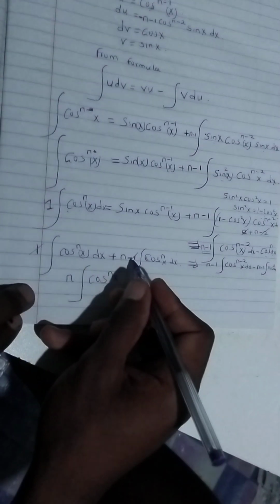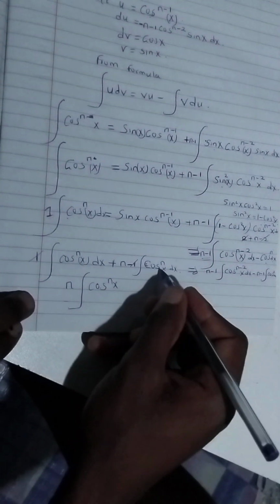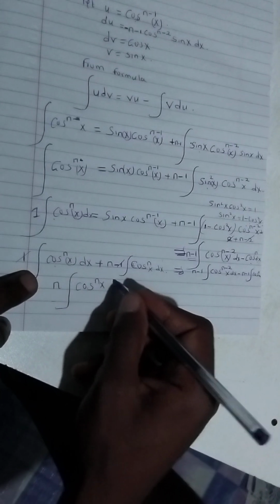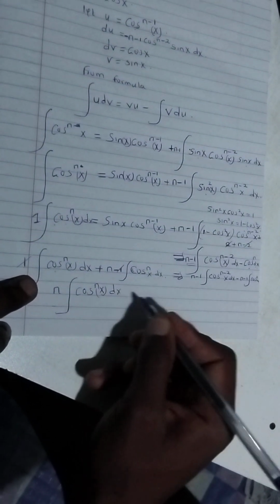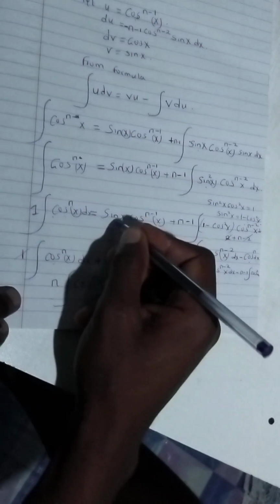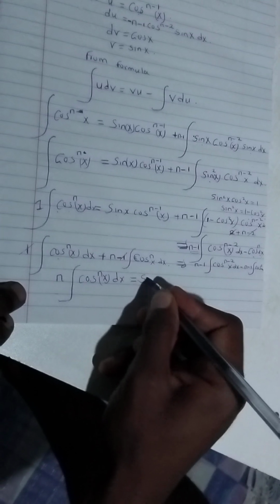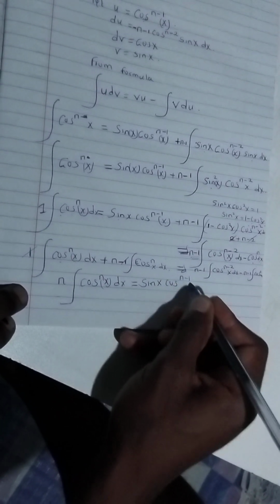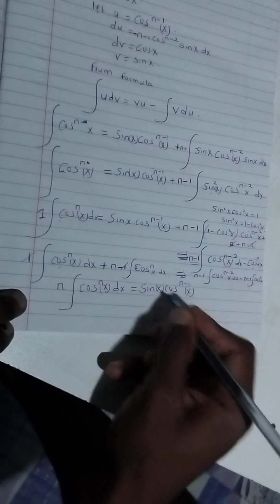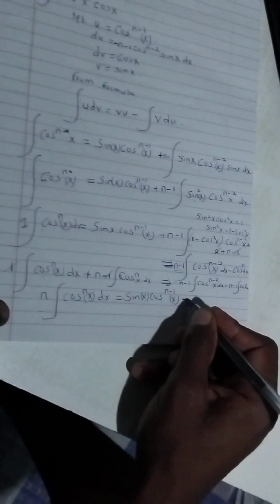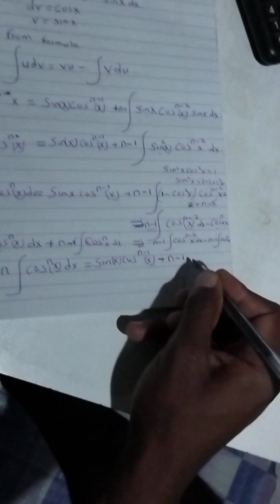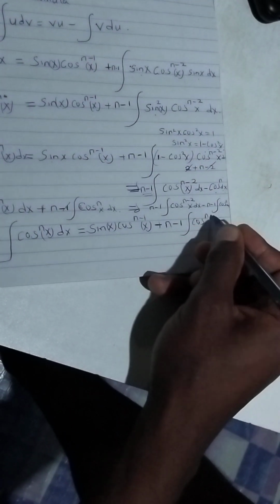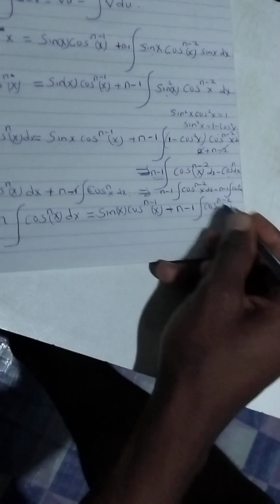And remember, after adding we shall only consider one integral, which is equivalent to sin x cos^(n-1) x plus (n-1) times the integral of cos^(n-2) x dx.